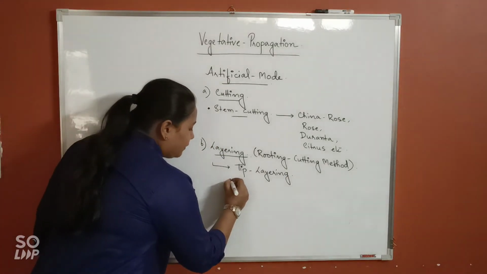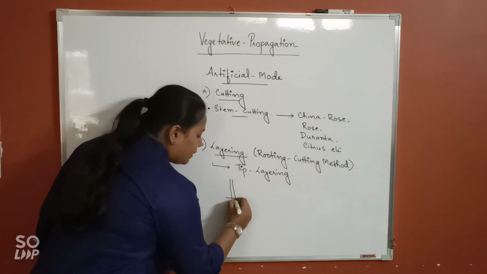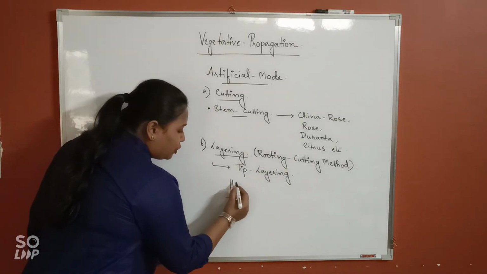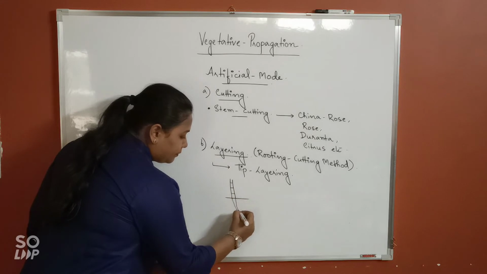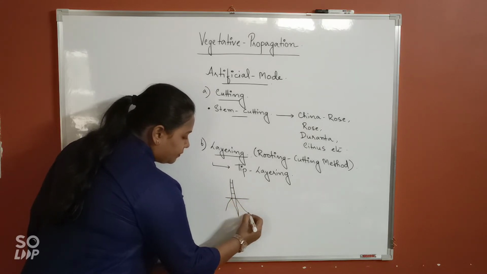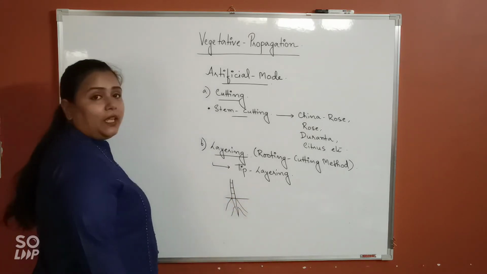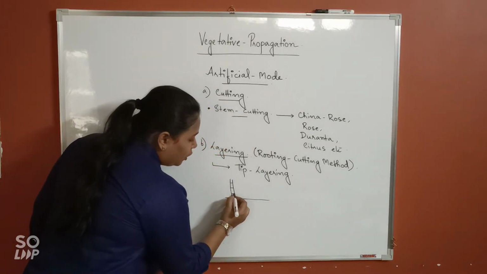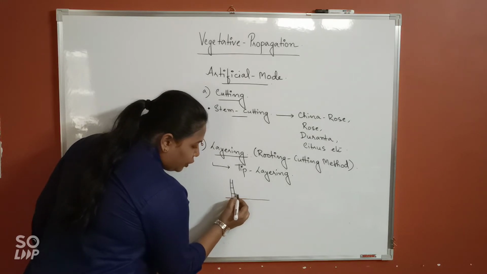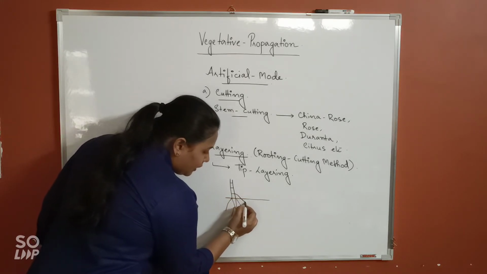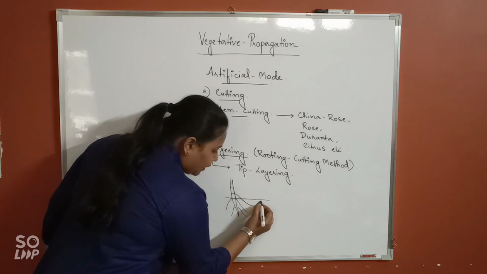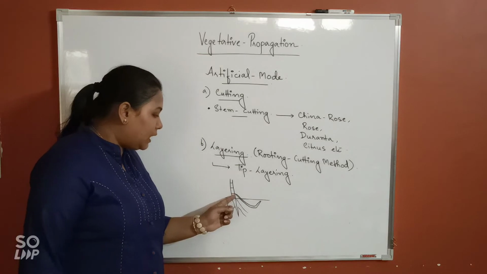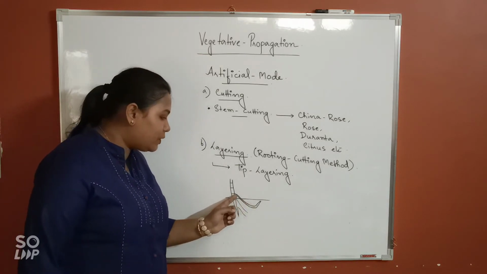In tip layering, suppose this is a plant, the aerial shoot of the plant, and this being the root. From the lowermost node, a branch that arises is introduced into the soil in a slanting position.